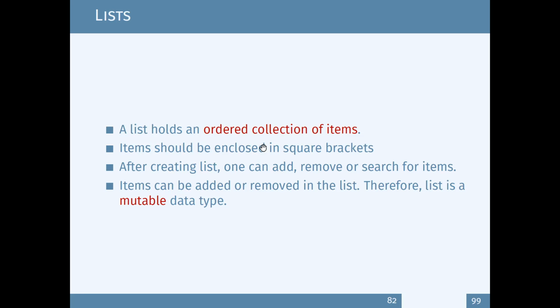That means whenever you store something in a list, you have an order. And these items are enclosed in square brackets. When you're representing a list, we use square brackets, and square brackets tell us that it uses a list data structure.